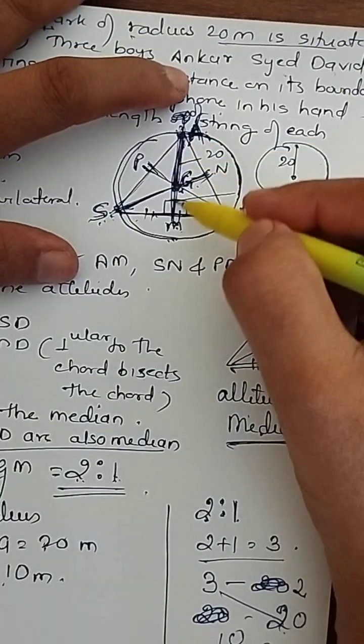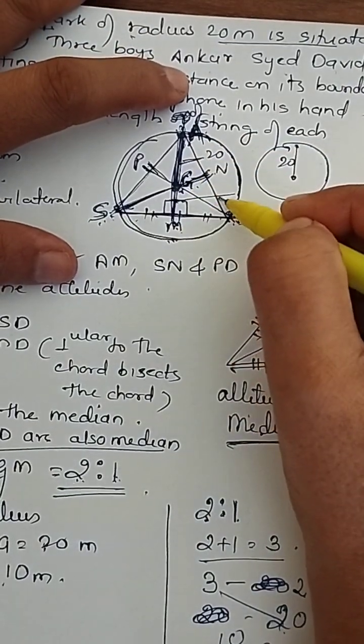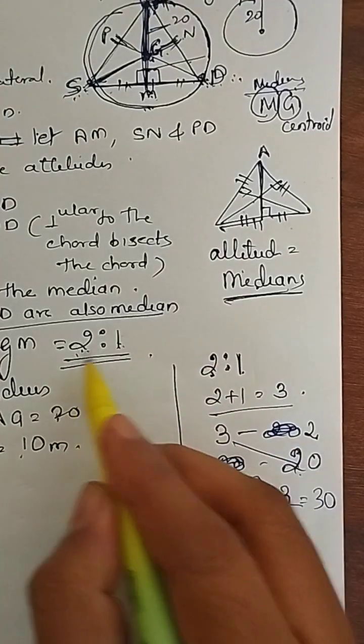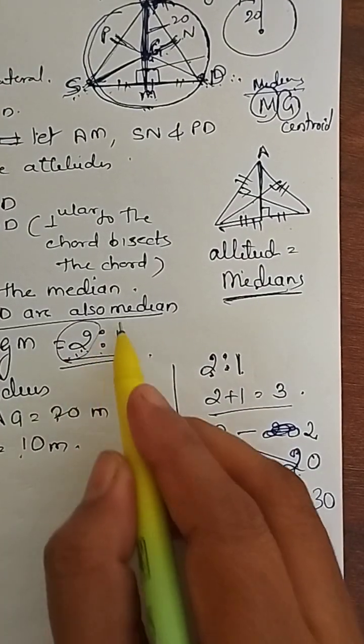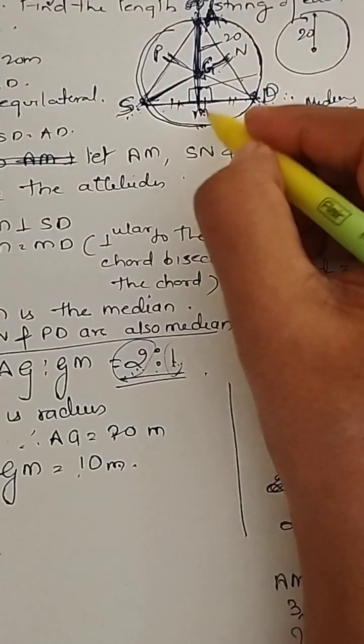So the total length is 30. This is 20, so this is 10. Instead of that, the easiest is 2:1. This is given as 20, so this has to be 10 meters. So I got this as 10.